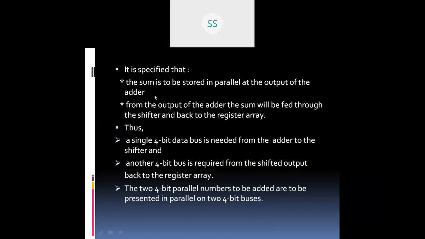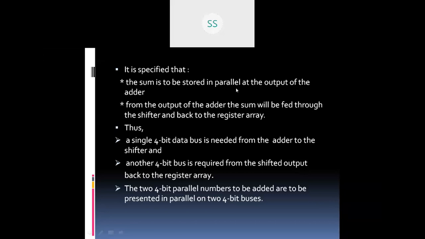When we present the inputs on the two parallel lines, the first specification is that the sum is to be stored in parallel at the output of the adder, and from the output of the adder the sum will be fed through the shifter and back to the register array. This is our specification: how the data should be presented, how after the addition the sum has to be taken out, and how it has to be further shifted. We specify all this beforehand.